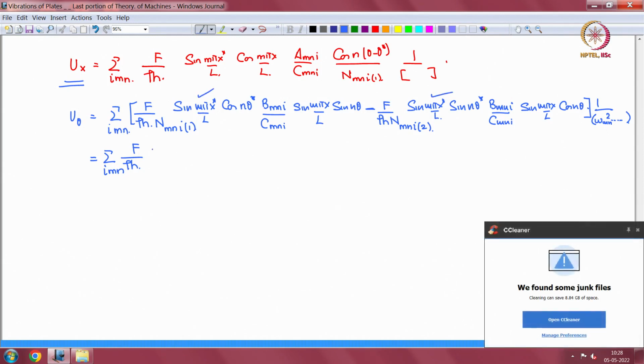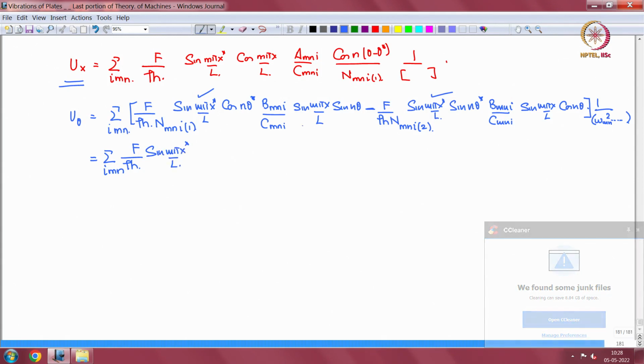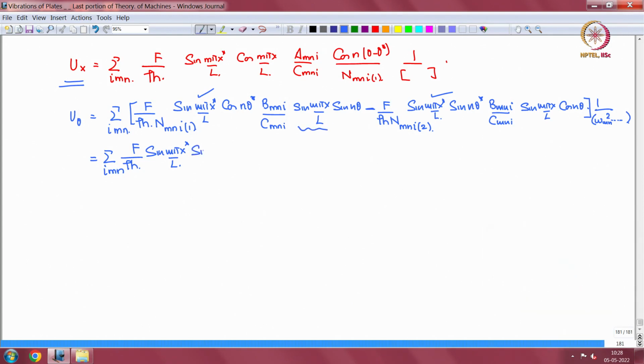This can come out, sine m pi x star by L. Then this also can come out, sine m pi x by L, and B m n I by C m n I. Then I have cos n theta star sine n theta by n m n I 1, minus sine n theta star cos n theta by n m n I 2.